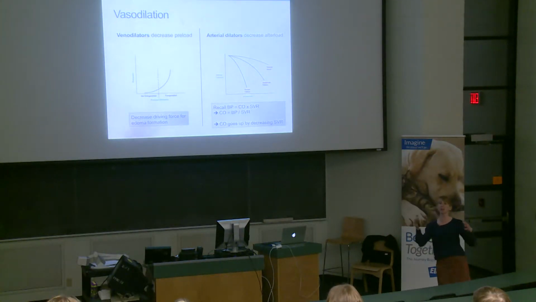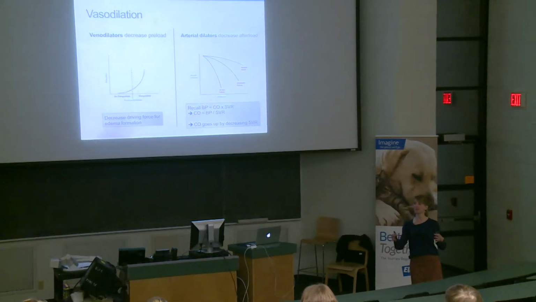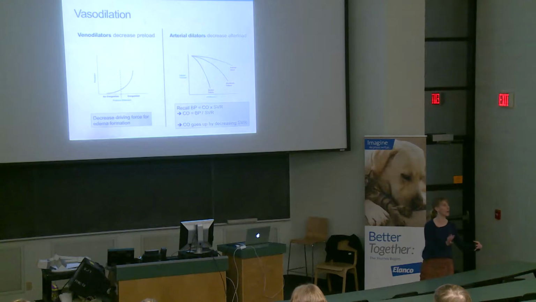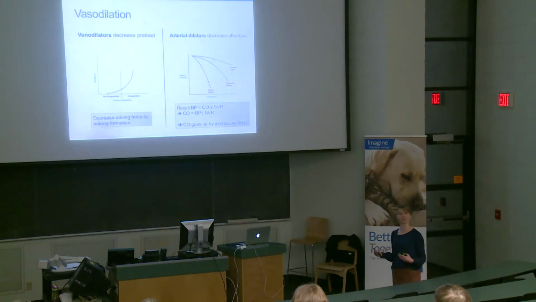They're going to increase our central venous capacitance. They're hopefully going to help draw volume away from the heart and lung and into the high-capacitance veins, and drop our preload at the level of the heart and lung. That's hopefully going to decrease the driving force for pulmonary edema formation. So that's where they may come into play.